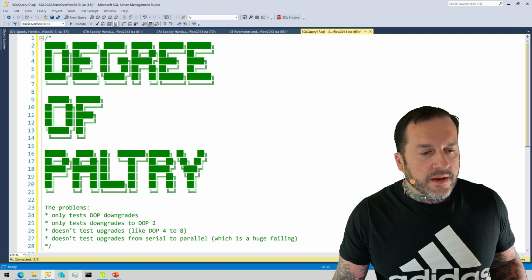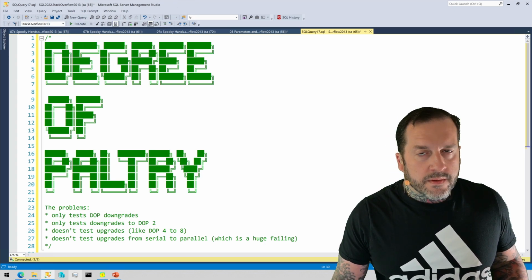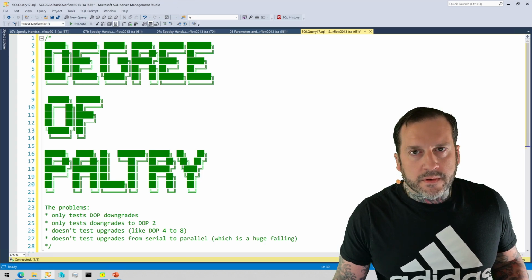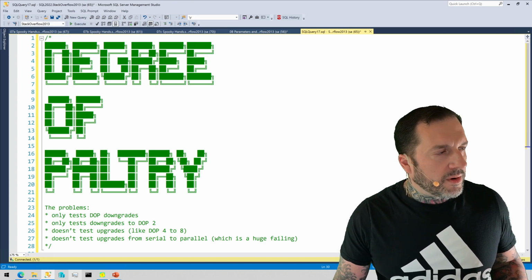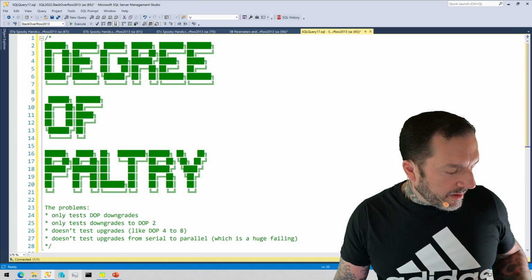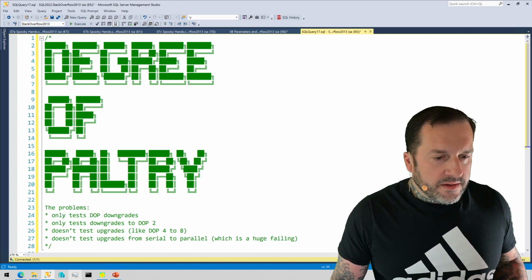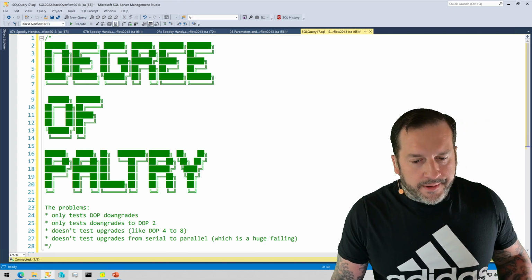And then if that is successful, then it will be persisted in Query Store. There'll be one of the query feedback items in there. So that's useless at best for most people.